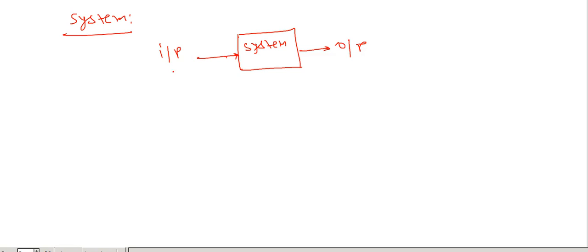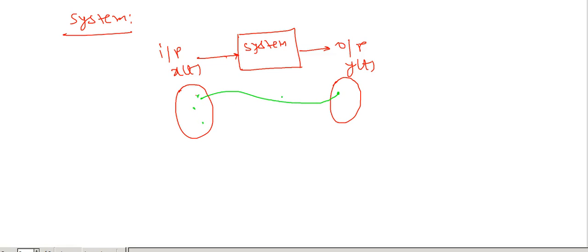Okay, so for example, if we give a signal x of t, then the system produces another signal y of t. Okay, and so we can say that the system is an operator or a mapping which takes values from one set and maps them to another set.